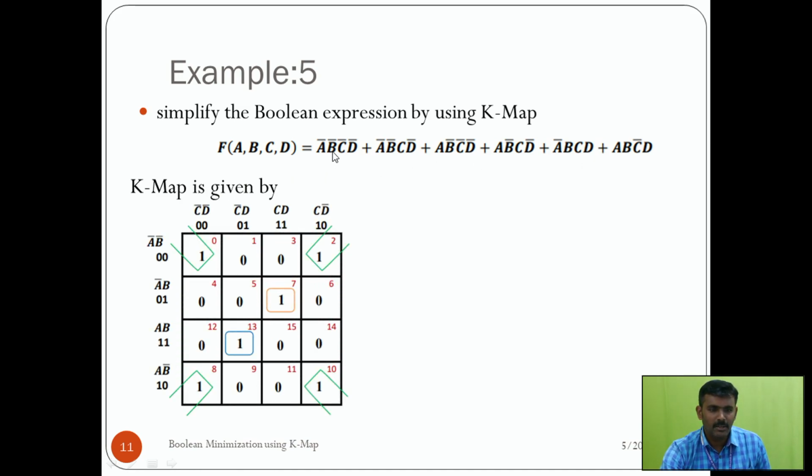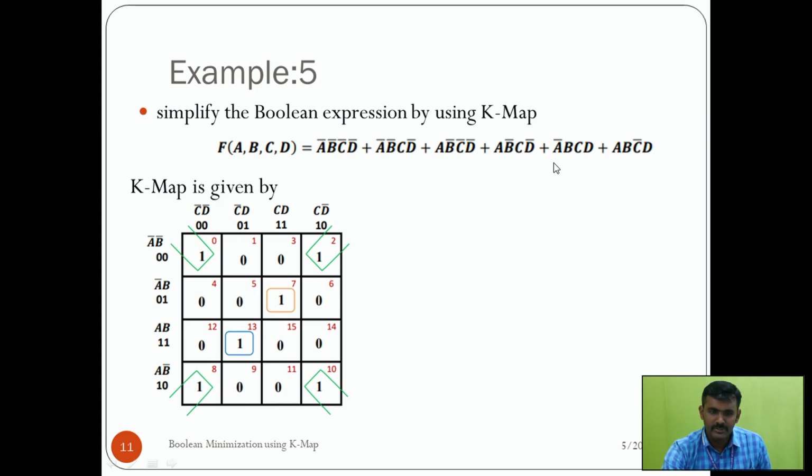Okay, so a bar b bar c bar d bar, so all are 0, which means that the 0th minterm is present. Then a bar b bar c d bar, which means 0 0 1 0, so minterm 2 is present, so we have to put minterm 2 as 1. Similarly, a b bar c bar d bar, which means 1 0 0 0, in the sense minterm 8. Where is 8?